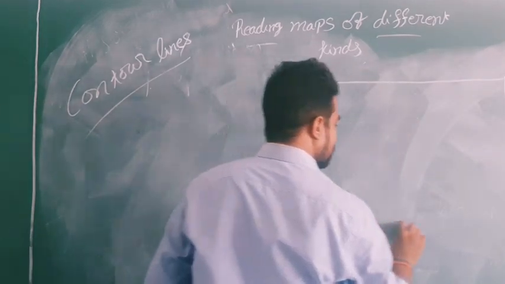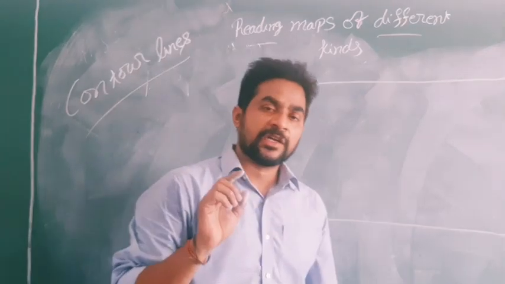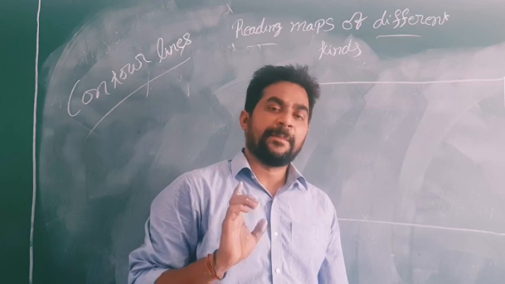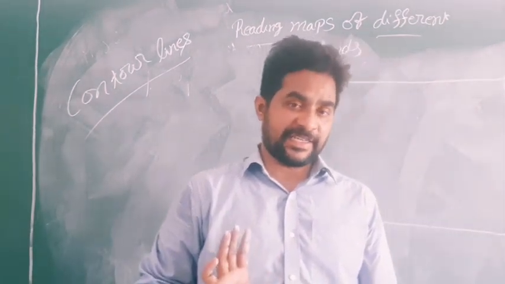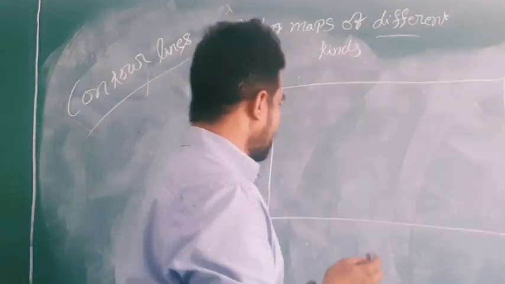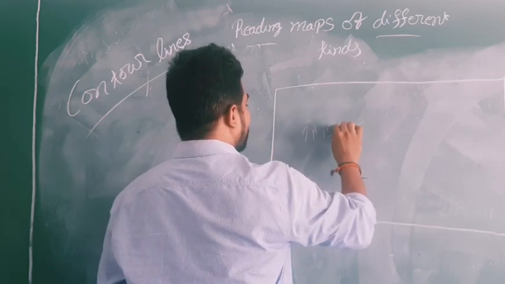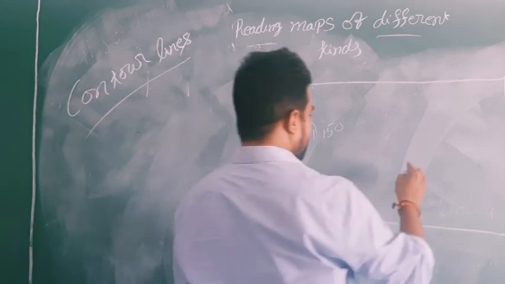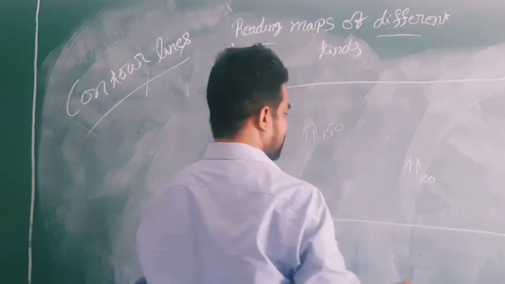So what is meant by contour lines? A contour line is a line drawn from one place to another place, connecting areas of the same height. Here, this house was 150 meters in height, and here the height of the house was 100 meters.